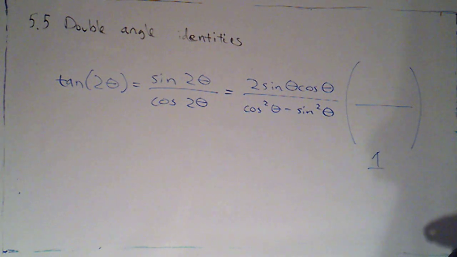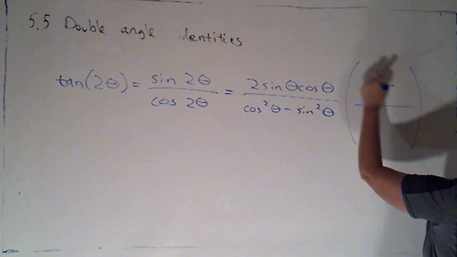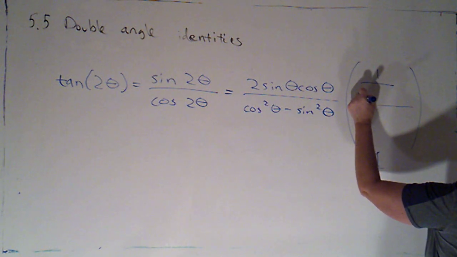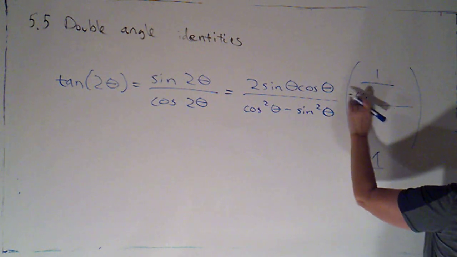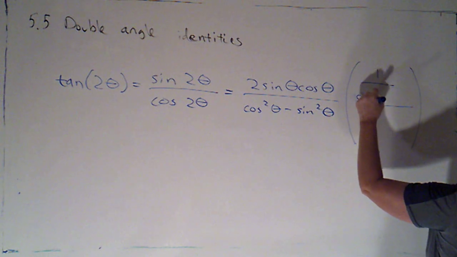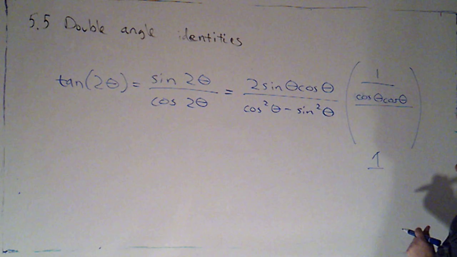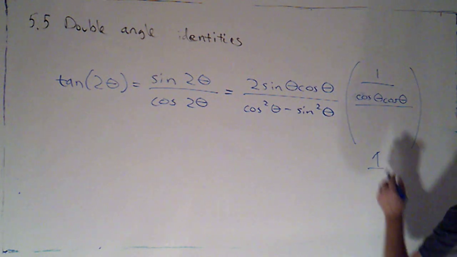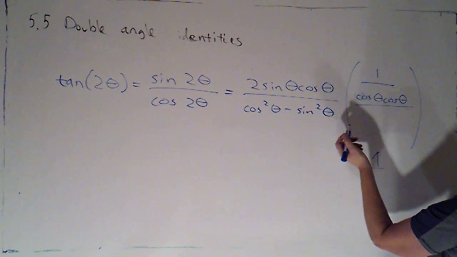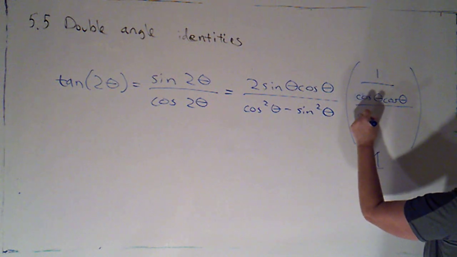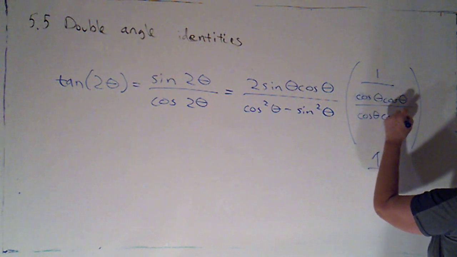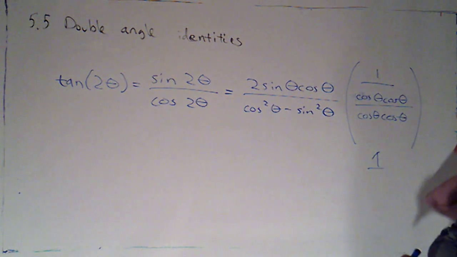I'm going to multiply by 1 in the form of the reciprocal of cosine theta times cosine theta. So basically cosine squared theta. I could have written that as cosine squared theta if I wanted to.